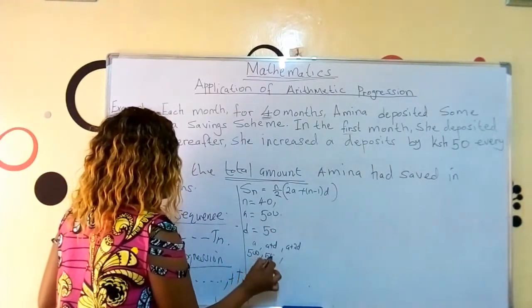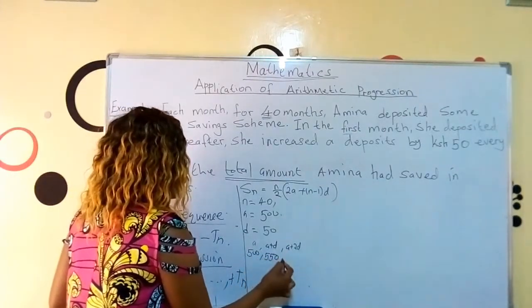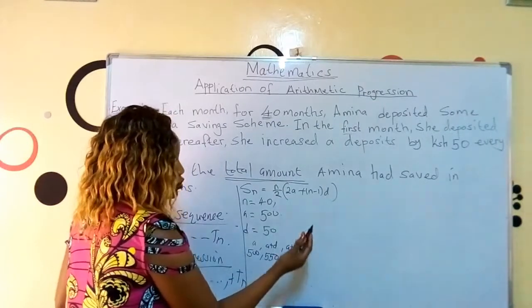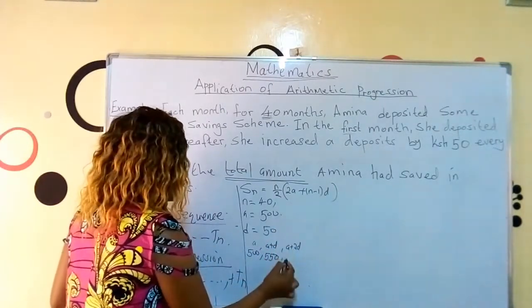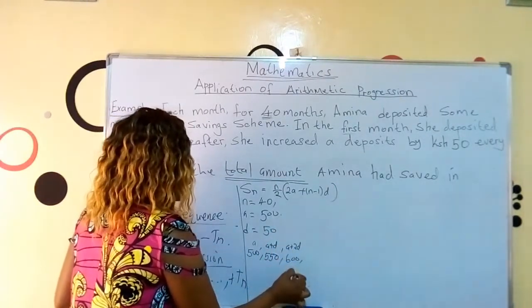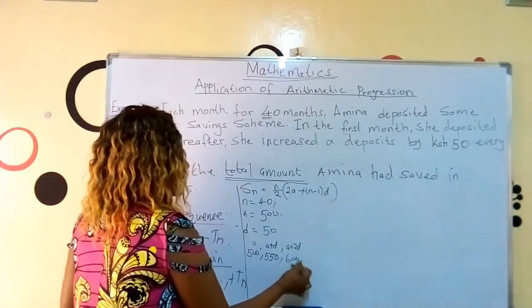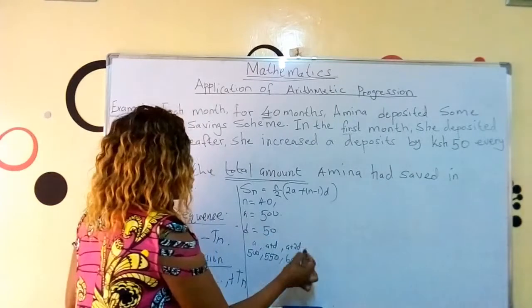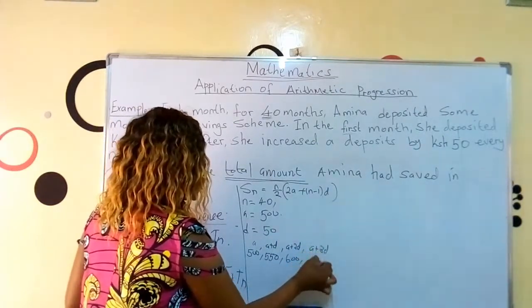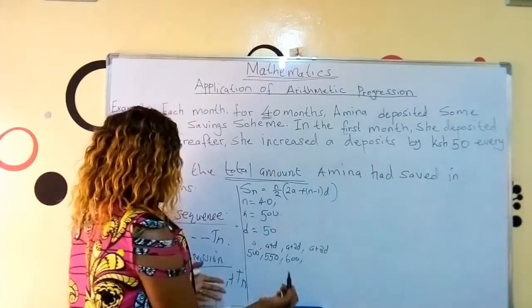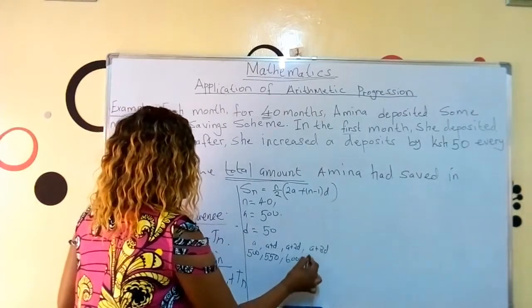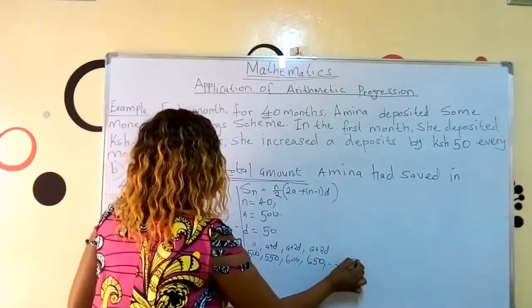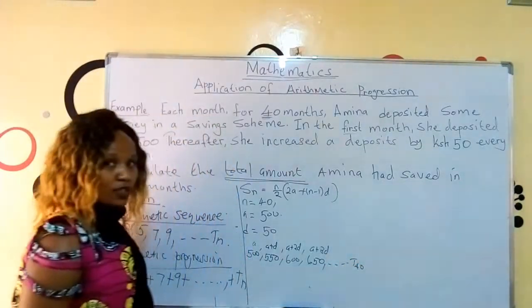The third one will be 500 plus 2D, and we know 2D is 100, it will be 600. Then plus the next term, which will be A plus 3D. This is 500 plus 150. We shall have 650, all the way to when n is 40.